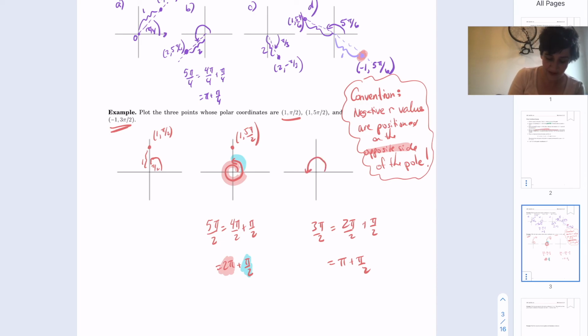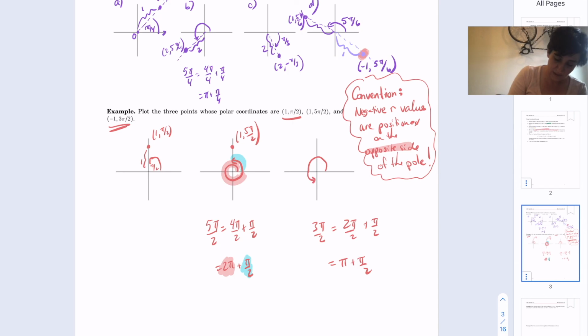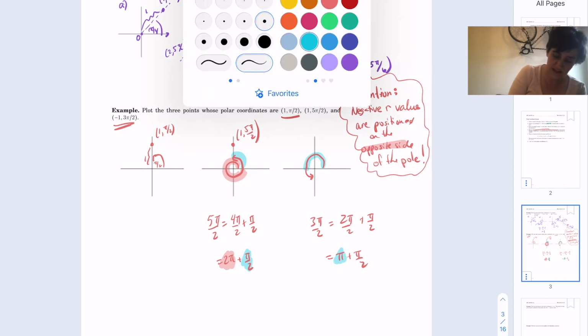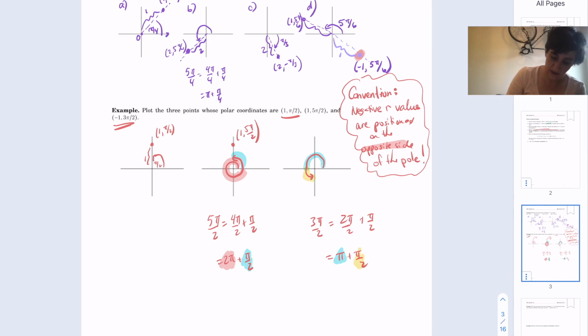So there's pi, and here's pi over 2, going a little bit further. But our negative means we are slingshotting, flipping back over, and we're getting the point -1, 3 pi over 2. So down here is -1, 3 pi over 2.